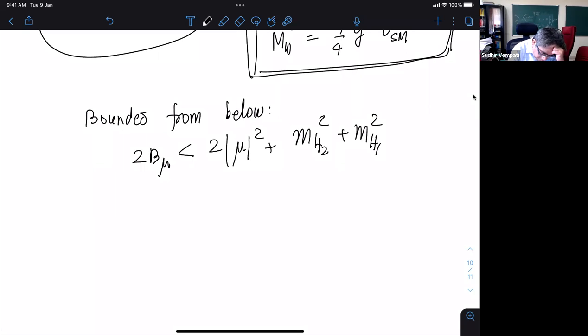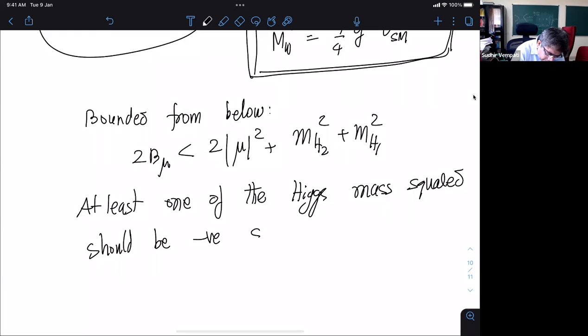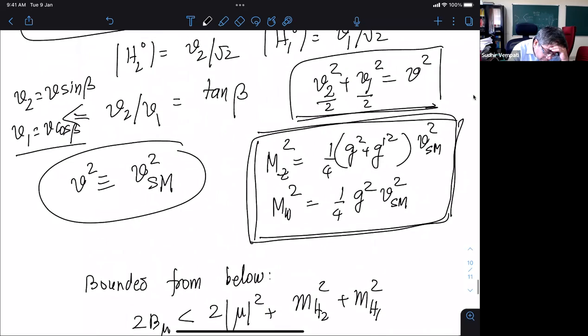You also need at least one of the Higgs mass squared to be negative, so that it gets a VEV. If you take the determinant of the Higgs mass matrix, you can write a mass matrix for the neutral components.